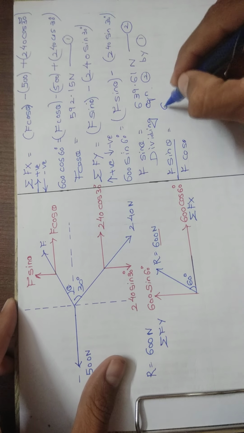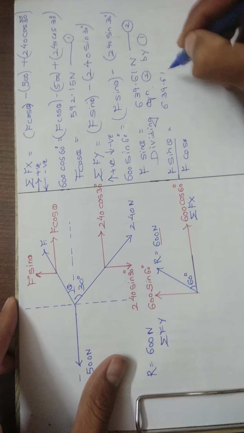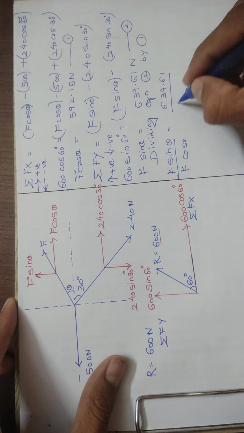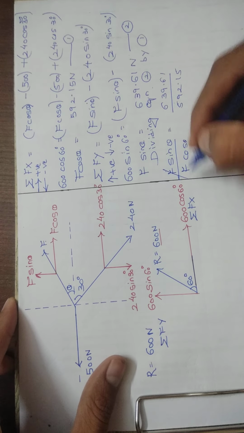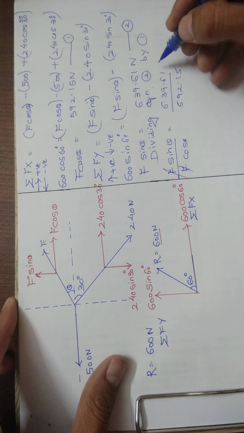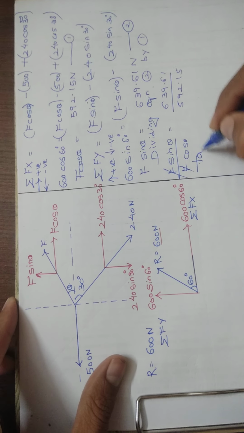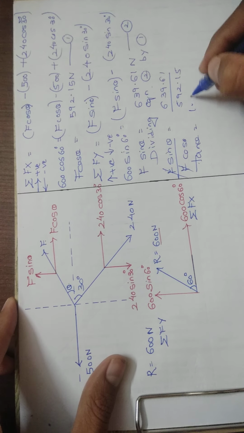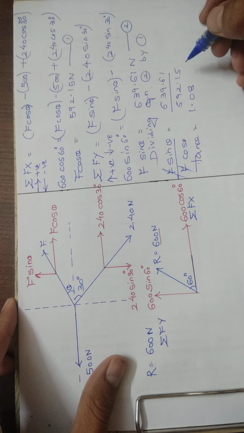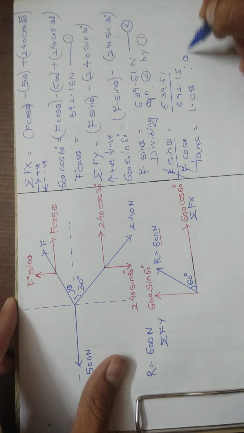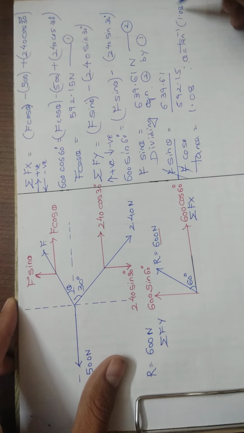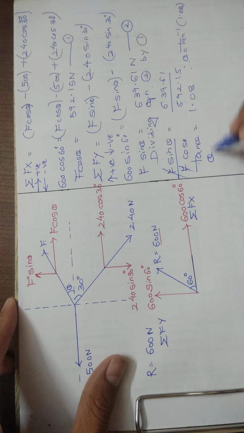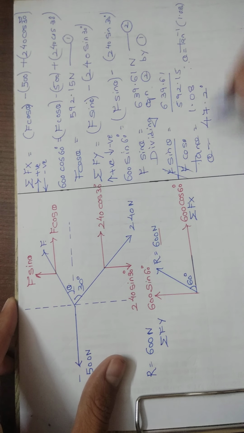F sin theta value is 639.61 and F cos theta value is 592.15. F gets cancelled. Sin theta upon cos theta is tan theta. So tan theta comes to be 1.08 after division. Therefore theta is equal to tan inverse of 1.08. So this theta comes to be 47.2 degrees.